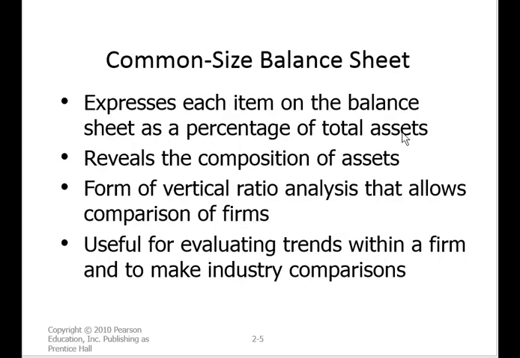A common size balance sheet looks at the line items of a statement, and it calculates each line item as a percentage of total assets. We would like to look at what relationship these assets have to each other. If you think about a vertical thing, right?